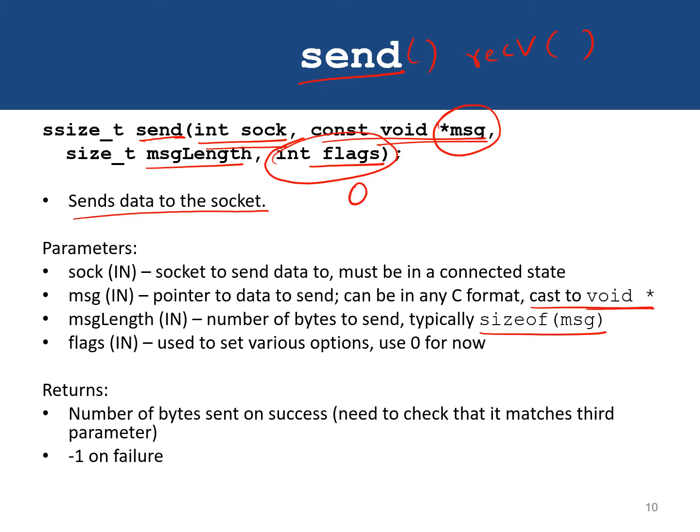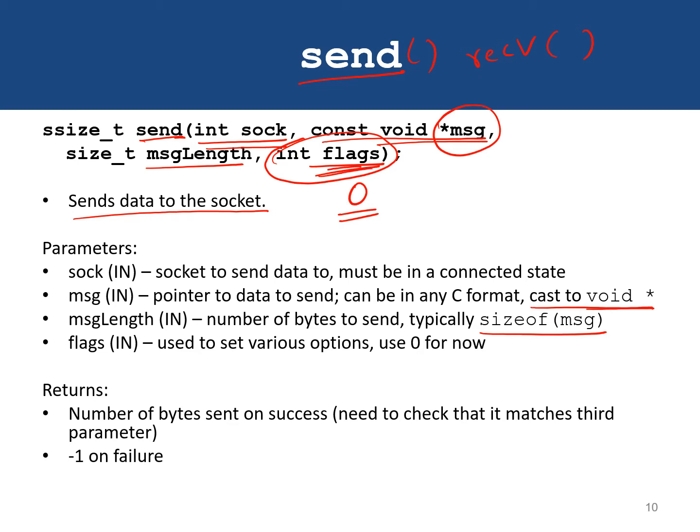If you do that with a flag argument of 0, send is essentially the same as the write function call. To give you an example of the kind of options that can be set using these flags, one possible option would be, let's say you want to ignore the receipt of certain signals. You can specify that with the help of flags.